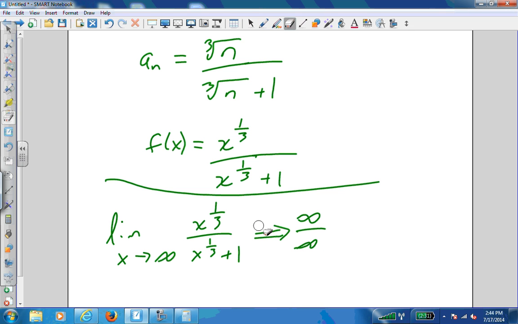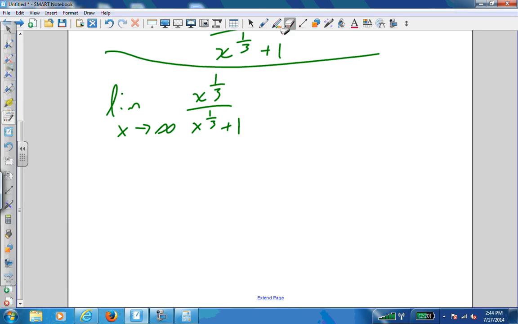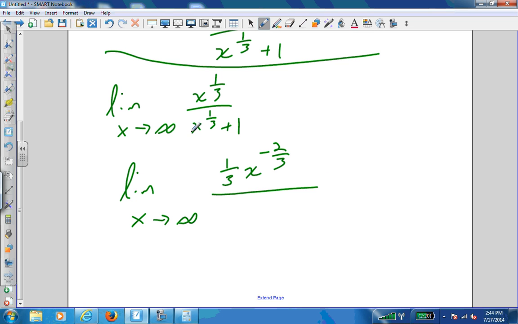So if we want to apply L'Hopital's rule, we take the derivative of the numerator and the derivative of the denominator. The derivative of the numerator: we bring the 1/3 down, x to the 1 less power. The derivative of the denominator: we bring the 1/3 down, x to the 1 less power, plus the derivative of 1, which is 0, so we don't even need that.